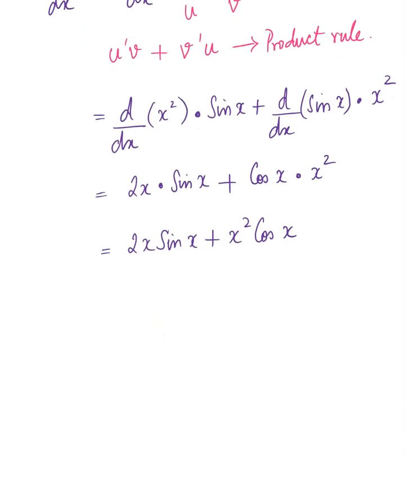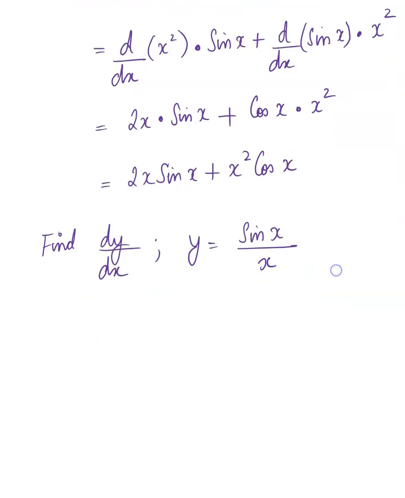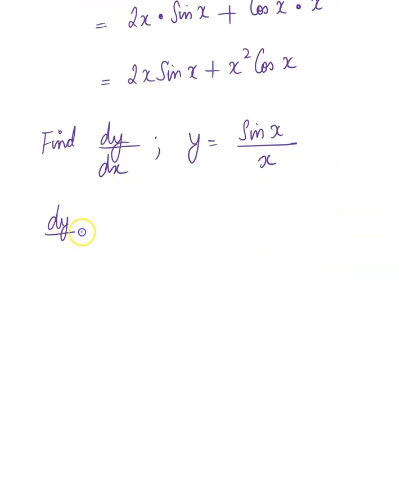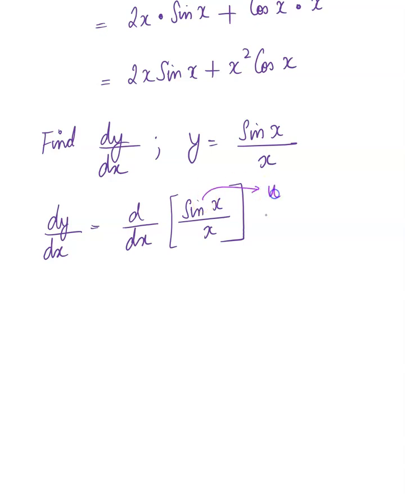So remember to understand and apply the correct rule. Here's our next problem. Y is sine x over x. And in the place of y, I have sine x over x. Once again, make the connection that you now have the top as a u and the bottom as a v. U prime v minus v prime u over v squared is the quotient rule.